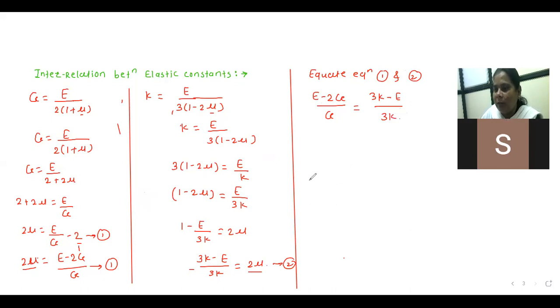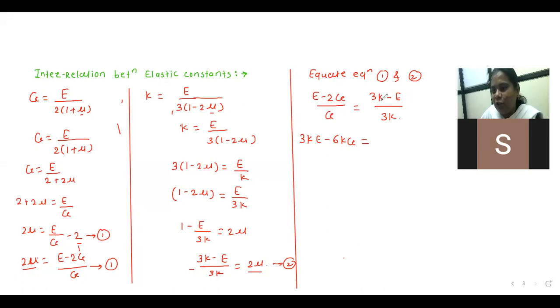Now we will separate the K terms and G terms. For that, multiply by this 3K to E minus 2G and G to 3K minus E. So 3K into E is 3KE, minus 3K into 2G, that is 6KG, which is equal to, now we multiply G to the 3K minus E term.